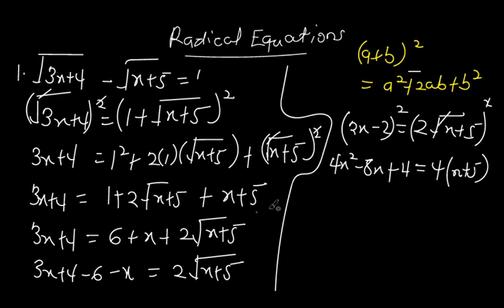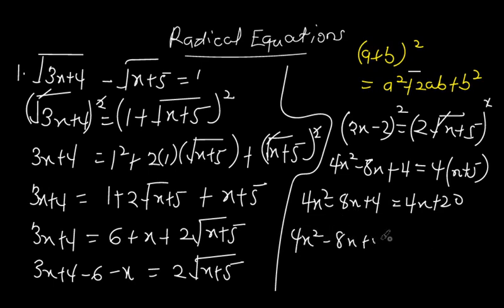So from here we can just simplify the equation and then we get our answer. So here we have 4x squared minus 8x plus 4 is equal to 4x plus 20. So we send everything across the equal sign. So we have 4x squared minus 8x plus 4 minus 4x minus 20 is equal to 0.